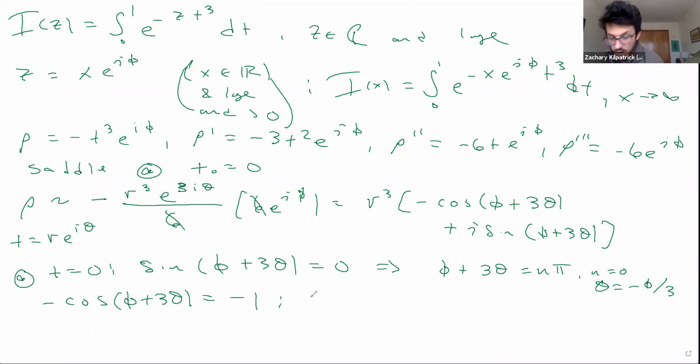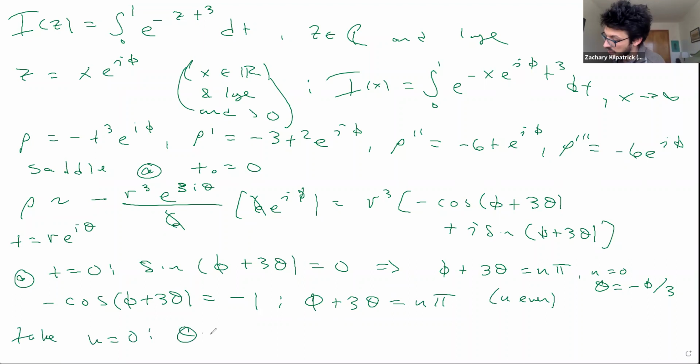That's going to be where phi plus 3 theta is equal to n pi for any n even. So we can take it to be n equals 0 again. Okay, so if we take n equals 0 here, we're going to get theta equals minus phi over 3. But we could also write this, and this is what we're going to do, as minus e to the i phi t cubed.